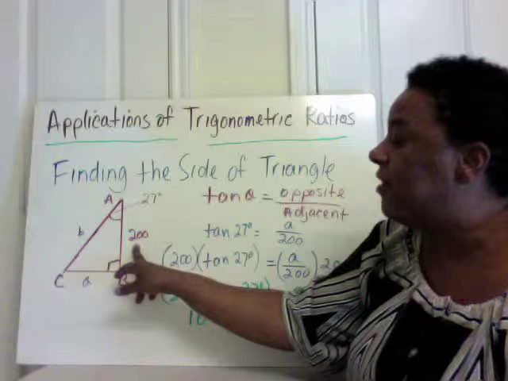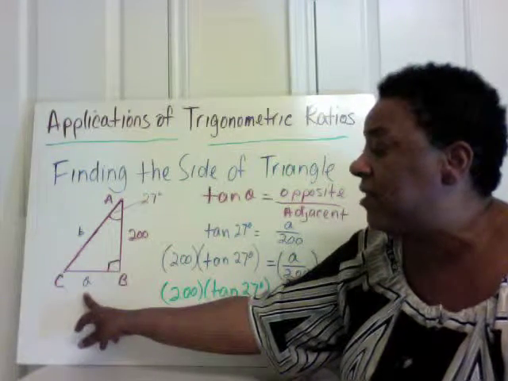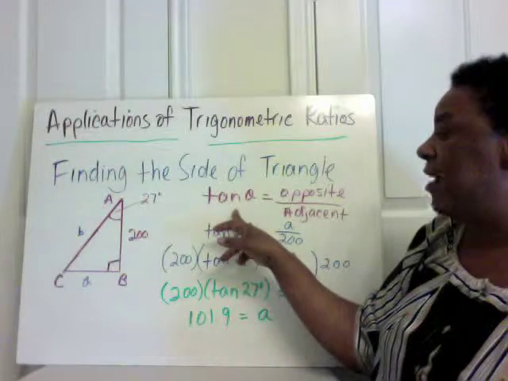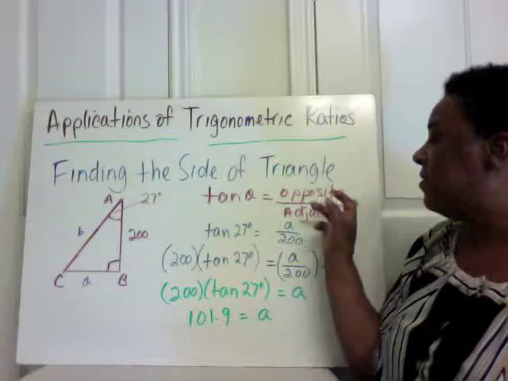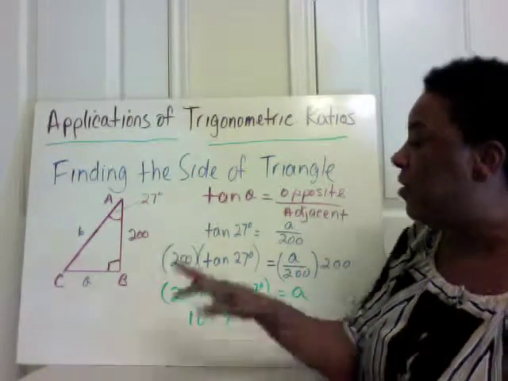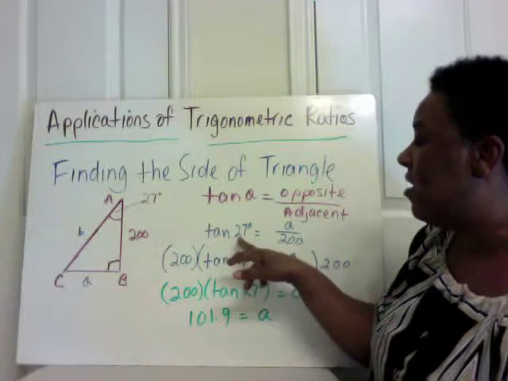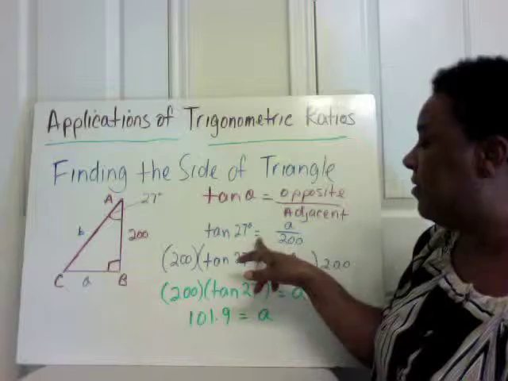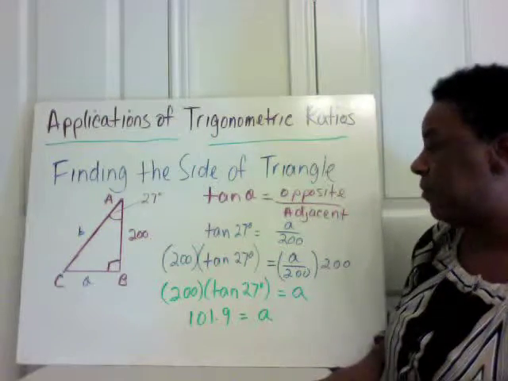Now, with the length of this side being 200 and us wanting to find the length of side A, we have the ratio of tangent theta equal to the opposite side divided by the adjacent side. So as I'm setting this problem up, we'll write tangent of 27 degrees is equal to A divided by 200.